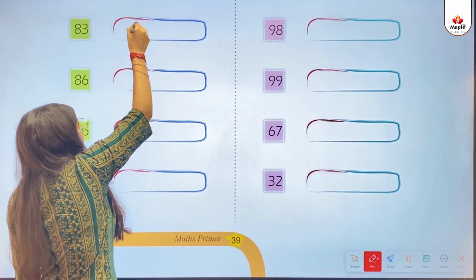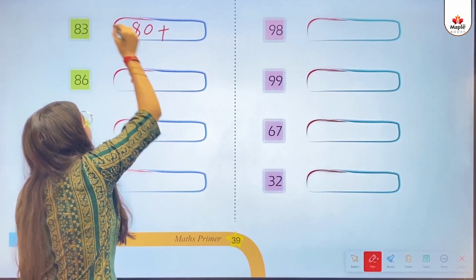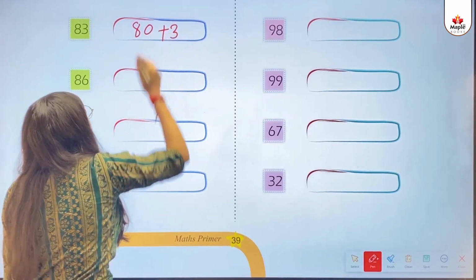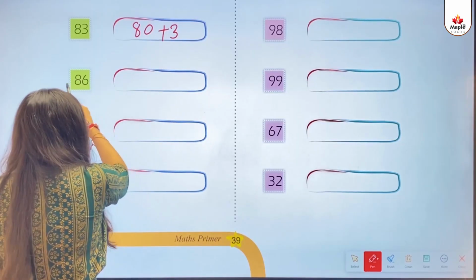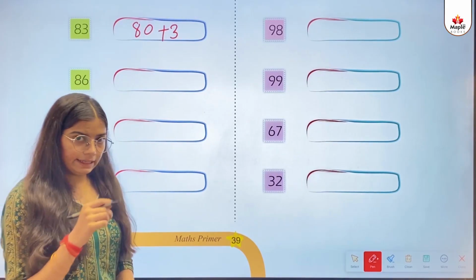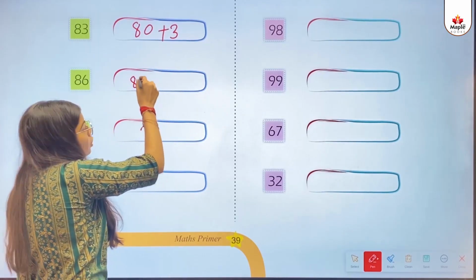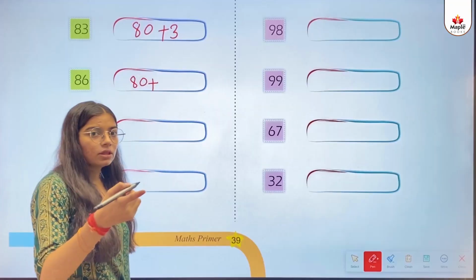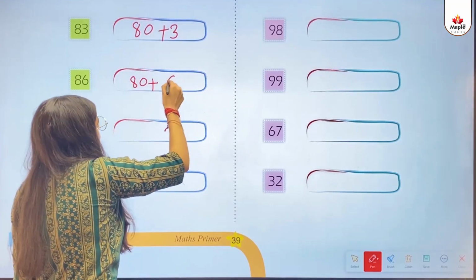So we will write 80 plus 3, as 3 is on the ones place. So we will write 3. Then 86. So we will write 80 as 8 is on the tens place, plus 6. 6 is on the ones place.